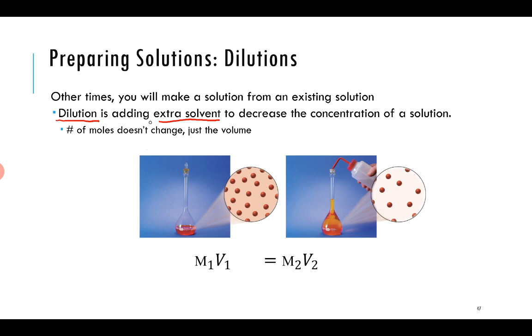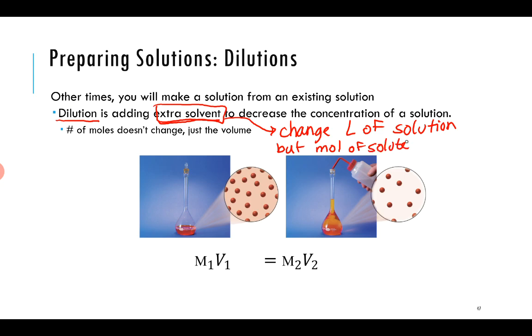What's important to note here is that when you're adding extra solvent, you're not going to be changing your moles of solute. That's just going to change your liters of solution. So that changes liters of solution, but your moles of solute don't change.